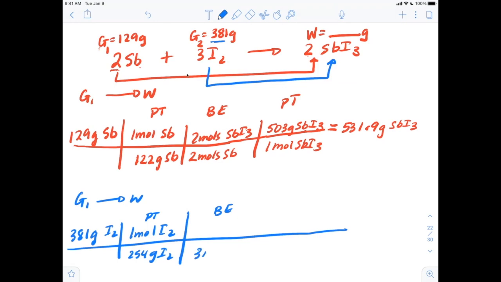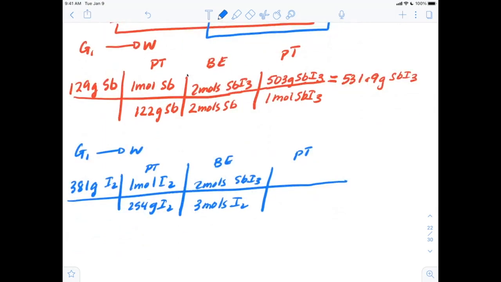So in this context, we have 3 moles of I2 and then 2 moles of SbI3. And then PT. Oh, it's the same. I forgot. It's the same wanted, so I can just copy here. 1 mole of SbI3, 503. This part here, I like it because I can coast.